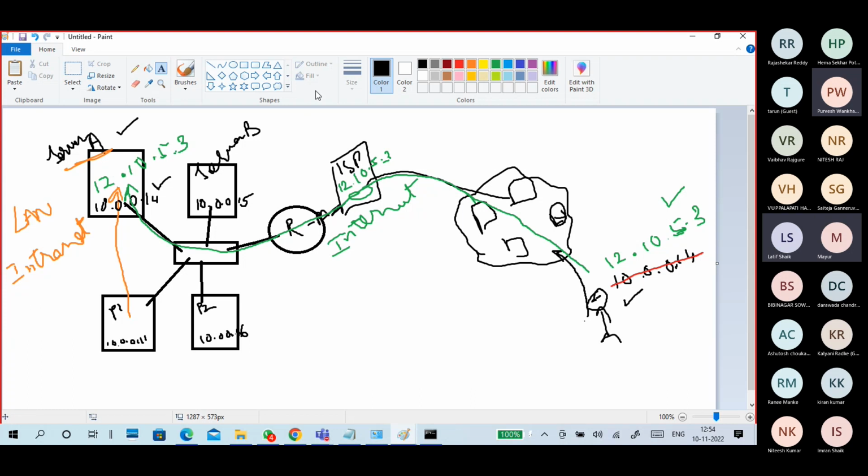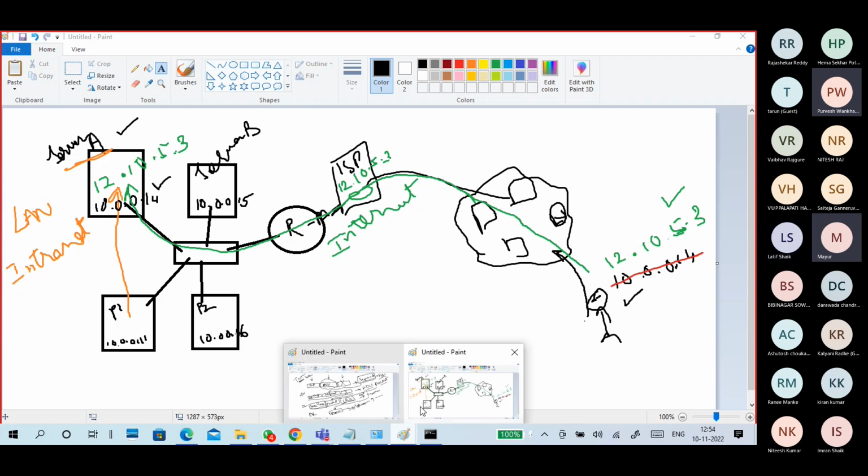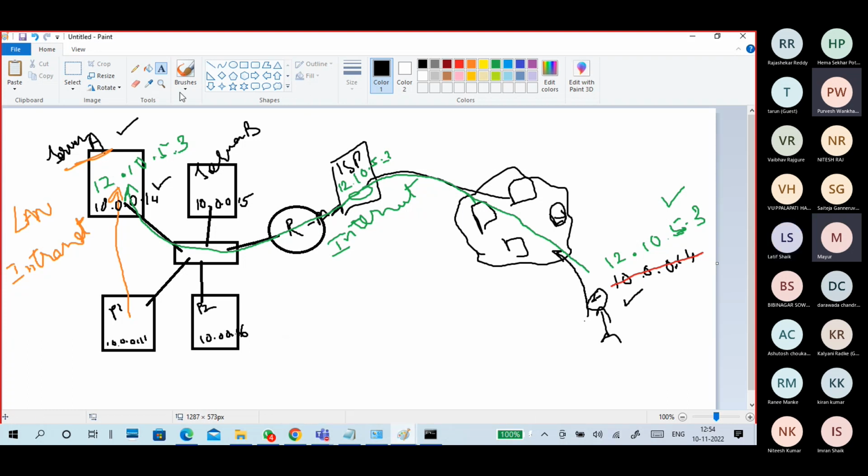Very good. Just for example, I have private IP addresses, but I want to communicate in the public. My PCs have their own private IPs, but when they are communicating outside, they need a public IP.